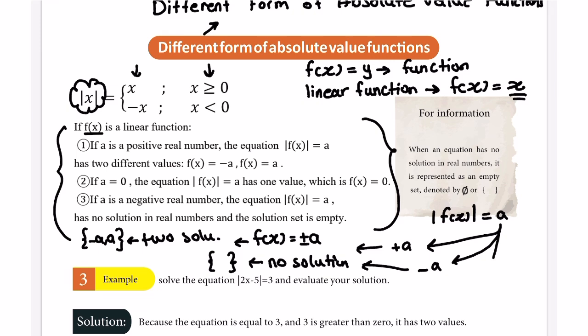The last case is if a is 0. So if a is 0, you have f of x equal to 0, and this means you have one solution, and the one solution means you only write the answer of that one here, okay?